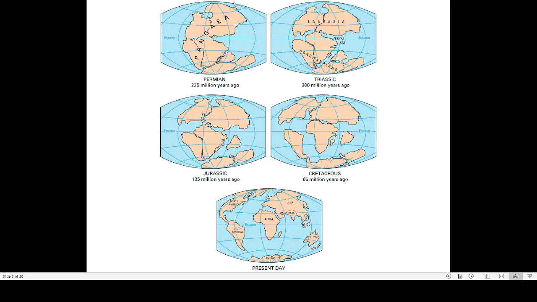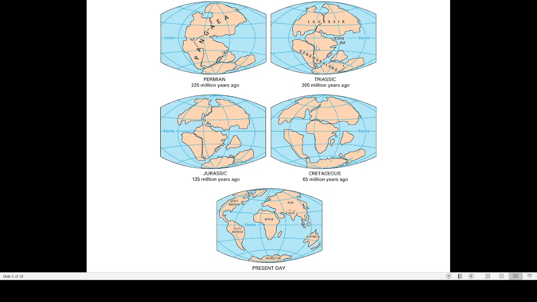There is a strong indication about this. If you take a map and look at the present day Africa and South America, you can see that this portion of South America was very closely attached to Africa.